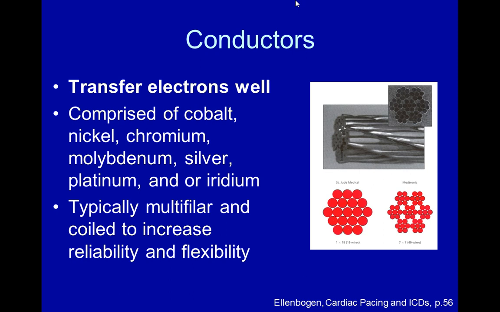Now, these leads, and therefore these conductors, move around a lot, and there are about 40 million heartbeats a year. And you want these electrodes, these leads, and therefore these conductors, to be very resilient and flexible. And so they are typically multi-filar, and they're also coiled to increase the reliability and the flexibility.